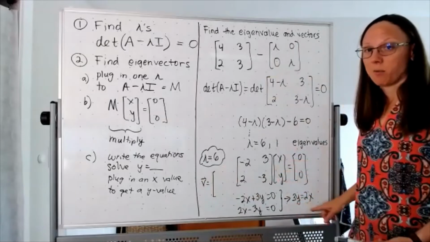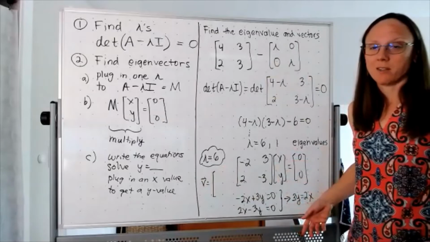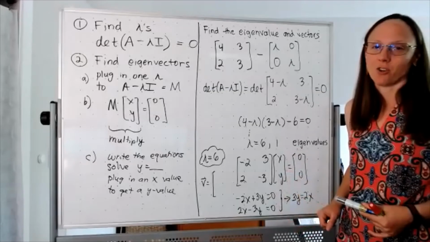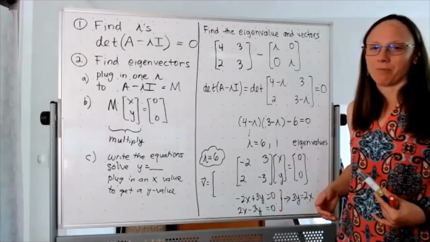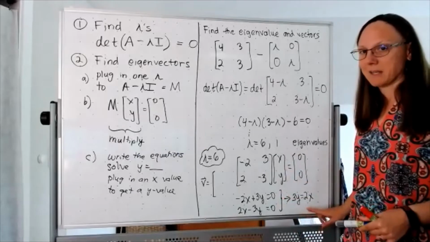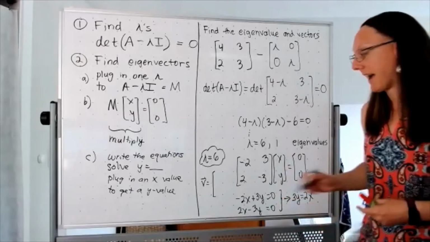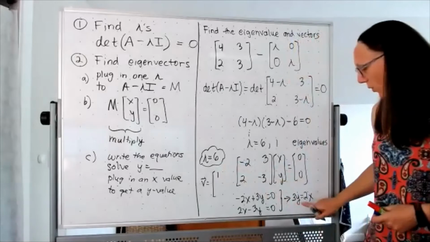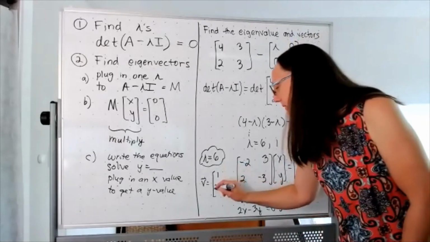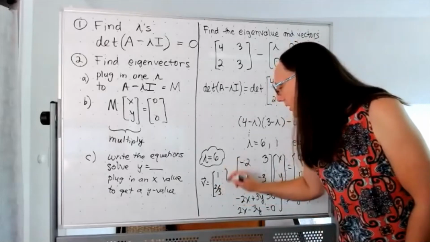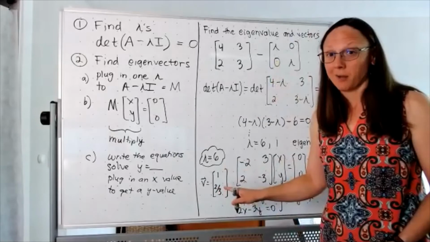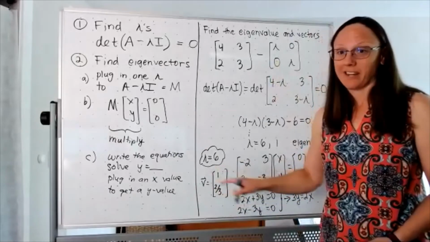Alternately, you can choose numbers so that they work out to be whole numbers, which is always a little friendlier to think about if this is a biological context. I don't like to think about thirds of bunnies or something, but I'll keep it simple. If we plug in 1 for x, then the corresponding y value would be 2/3. Also acceptable is any number times this vector right here.